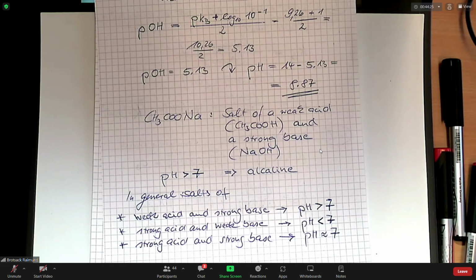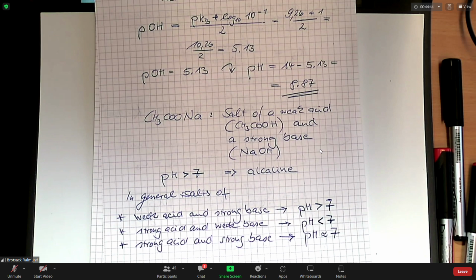If it is a big difference, we have much below or much above 7. If you have the same strength, it's exactly 7.